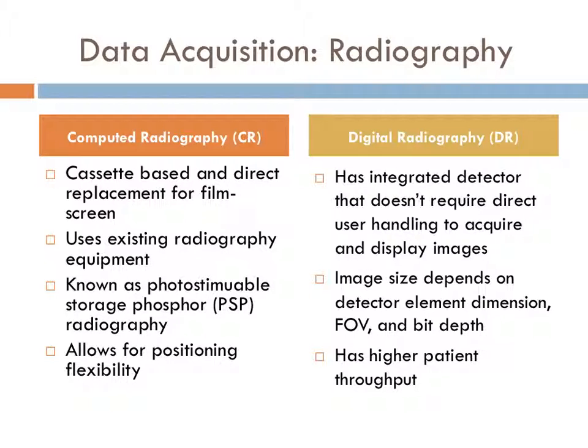You need to be able to have enough room to get the detector into the crest of the hip for the cross-table hip. And this just isn't as doable with digital radiography as it is with CR. So in that type of situation, it may be best just to opt for the CR option. However, if you work in a larger hospital, you probably have a high patient throughput. So in that case, you may want to opt for the digital radiography option.